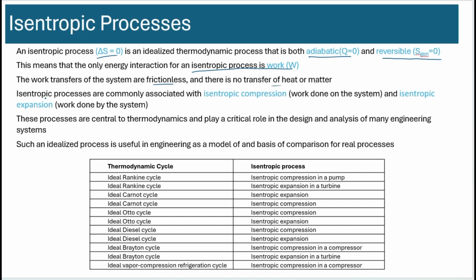Isentropic processes are commonly associated with isentropic compression and isentropic expansion. If you look at some examples of idealized thermodynamic cycles here, you can see several different types of cycles used in various machines. The isentropic processes are either compression or expansion, those are the only two possibilities.